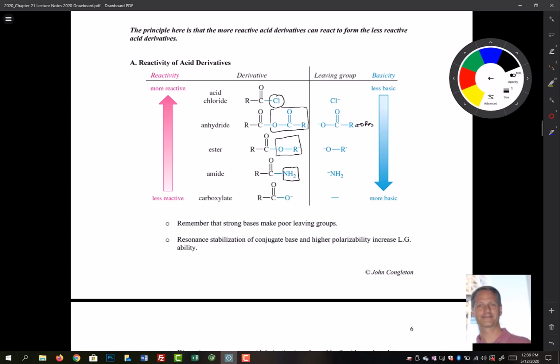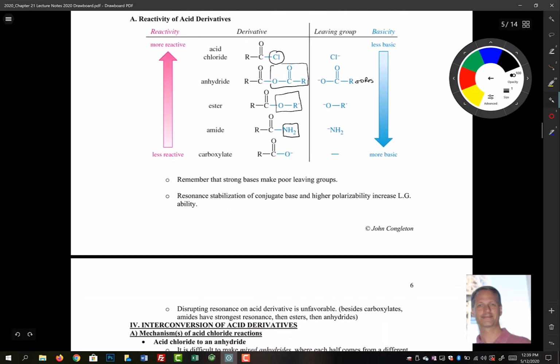The other thing to consider here is that disrupting the resonance on the acid derivative is unfavorable. If you look at the acid chloride, that structure has no resonance that makes sense. The anhydride does, though.